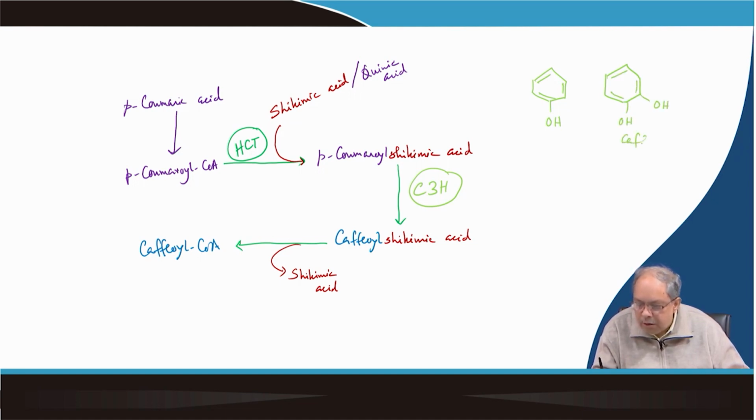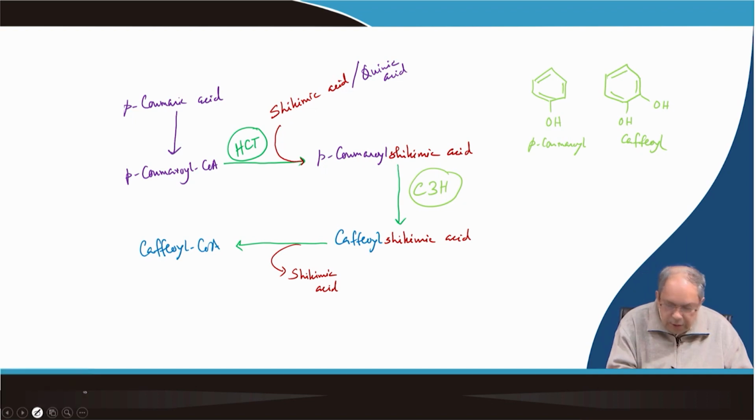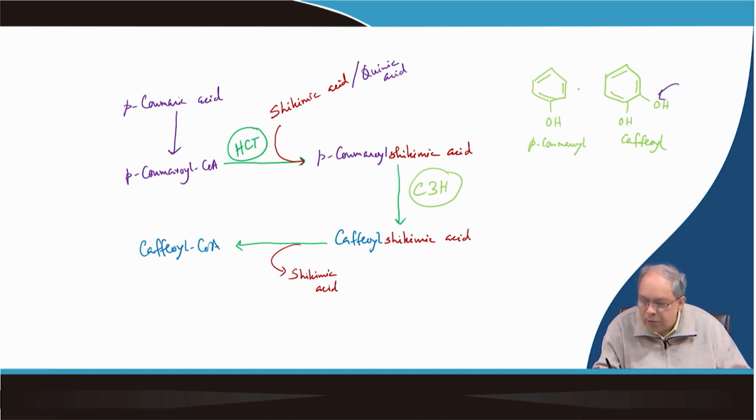So, this is caffeoyl and this is para-coumaroyl. This addition is a hydroxylation. So, C3H is nothing but a 3 hydroxylase, it adds at the 3 position, which converts coumaroyl to caffeoyl.